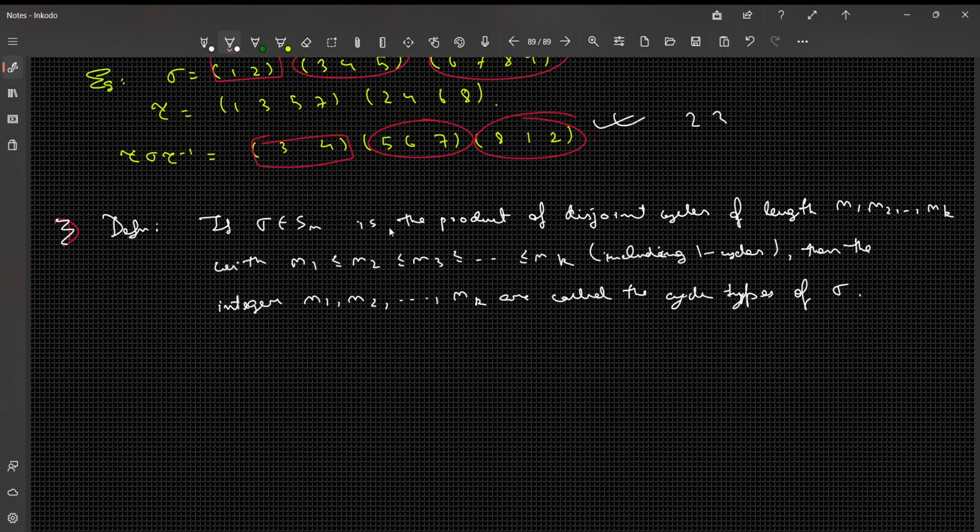So in this case, we have the cycle type as 2, 3, 3. Right? Clear?